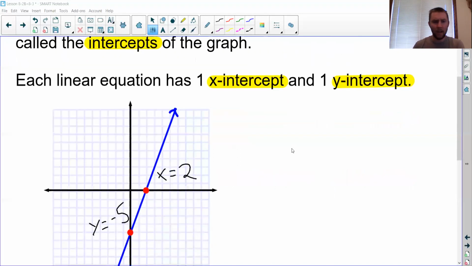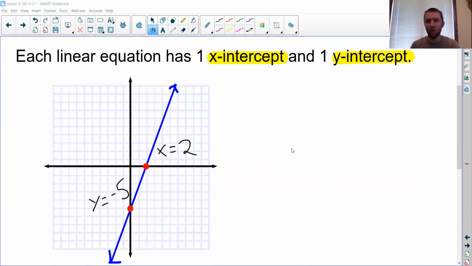So if we look at a graph, for example, this is sort of what we're talking about. Here I have a blue line that crosses the y-axis right down here, and it crosses the x-axis right here. The intercept values are just the values of x or y where the graph crosses over the axis. So the x-intercept is here at x equals 2.